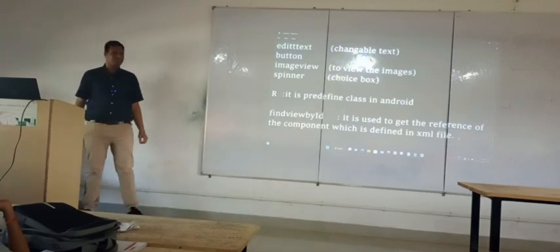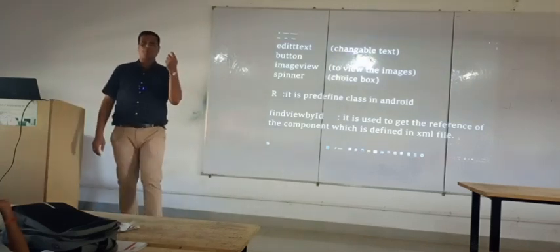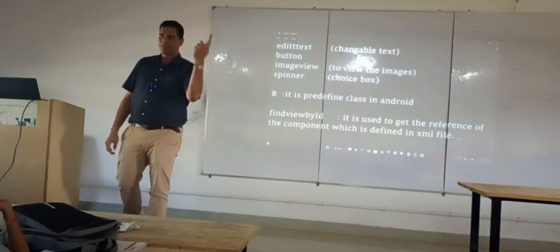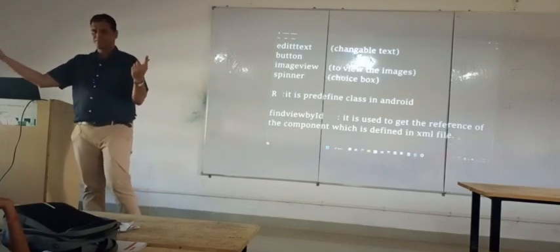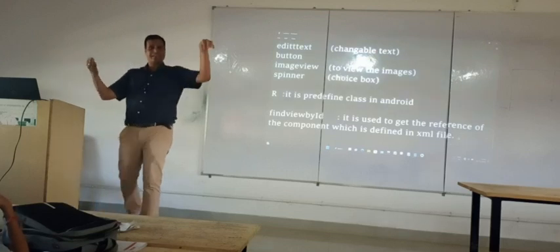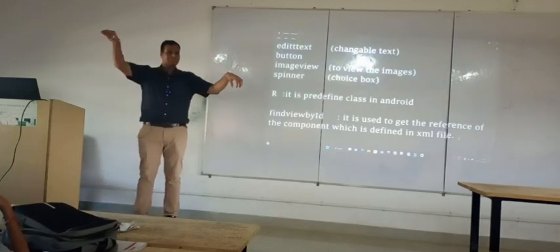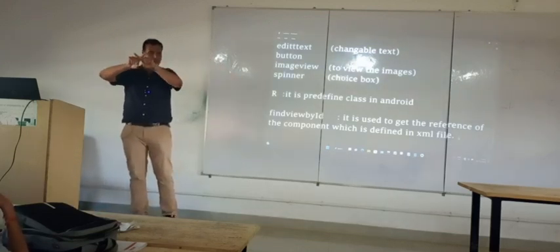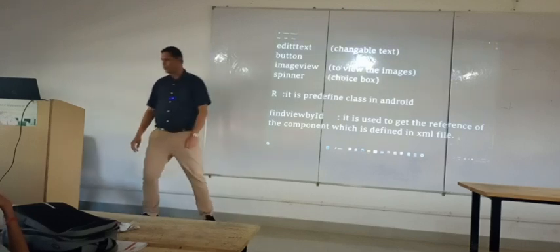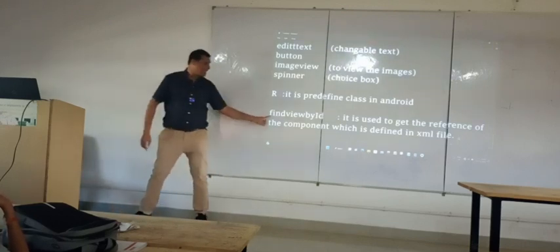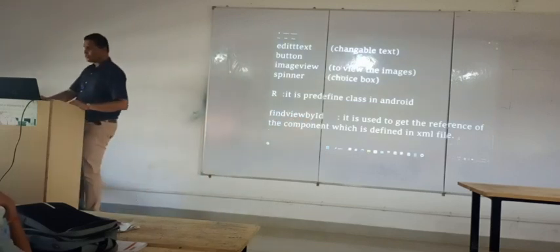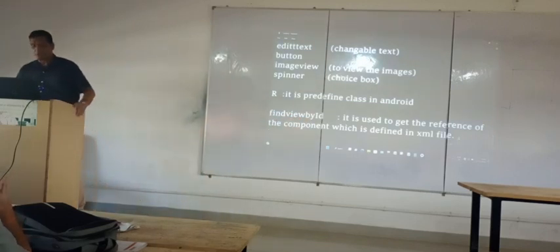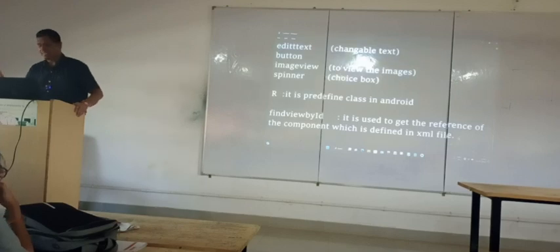Understood? What I said here? We define the component in XML, but we are going to use it in Java. So there must be a relation or not. So we can do that by using findViewById. It is used to get the reference of the component which is defined in the XML file.